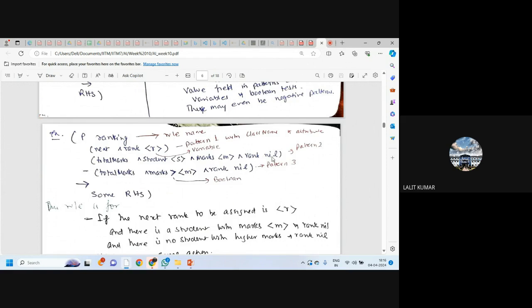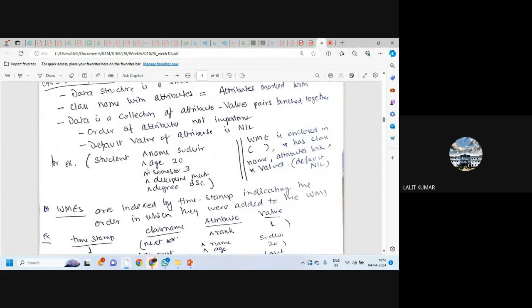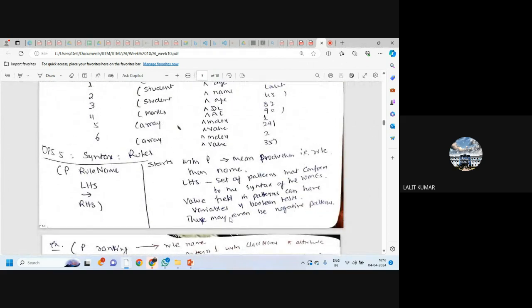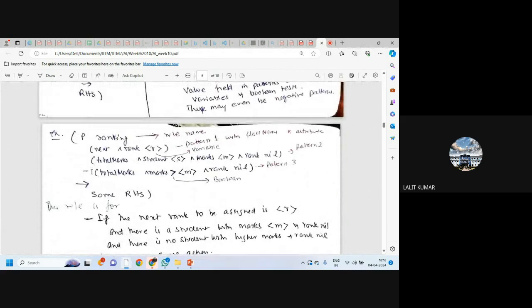and rank is nil. And this third is an example of negative, like we covered, that in the rule we can have negative patterns also. So this is a negative pattern here, total marks greater than m, rank nil, and negative means that this pattern should not be included.